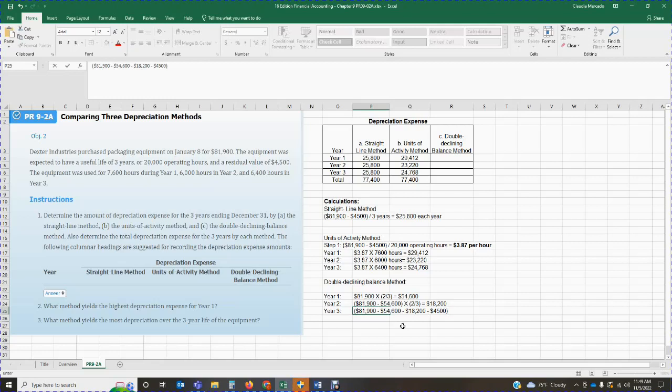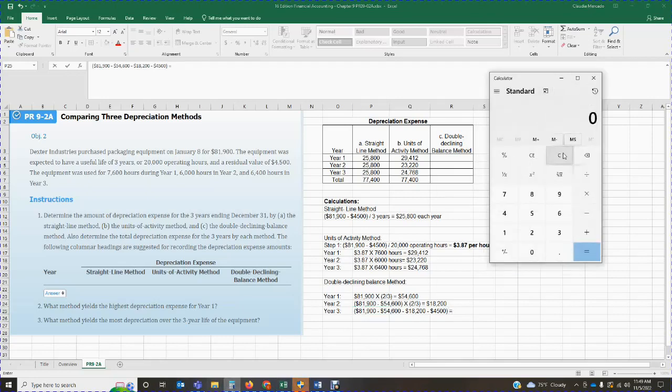So when you get to your final year of depreciating using the double declining balance method, you get the cost minus the depreciation for year 1, minus the depreciation for year 2, minus the salvage value. Okay, let's see what that gives us. So it'll be 81,900, the cost, minus the depreciation for year 1, minus the depreciation for year 2, minus the salvage value.